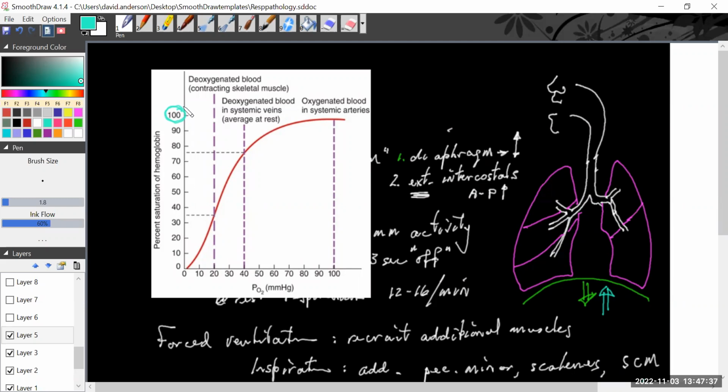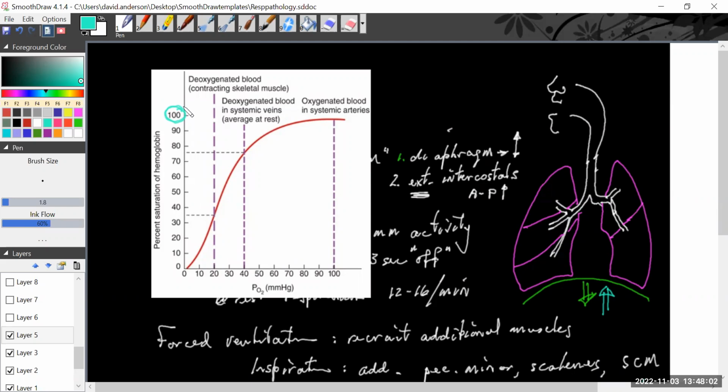But the point being that as our arterial PO2 approaches 100, saturation of hemoglobin is already at 100 or very close to it. So we don't need 100% saturation of the arterial blood in order to have 100% or normal saturation of hemoglobin in that 95 to 100 range.